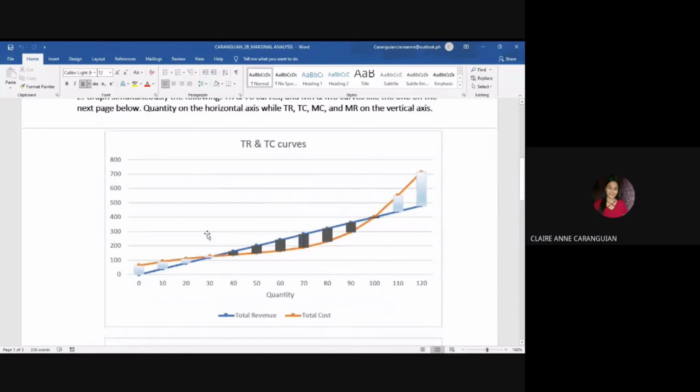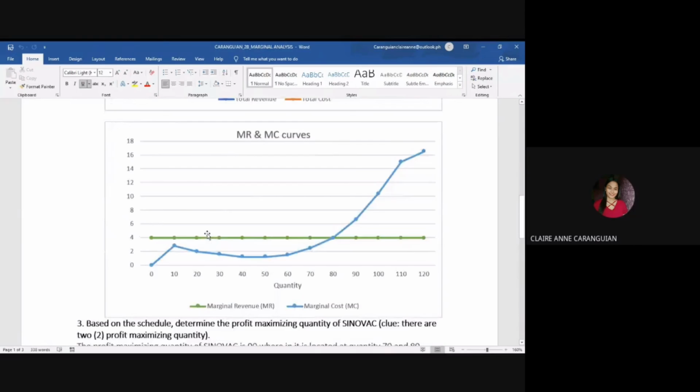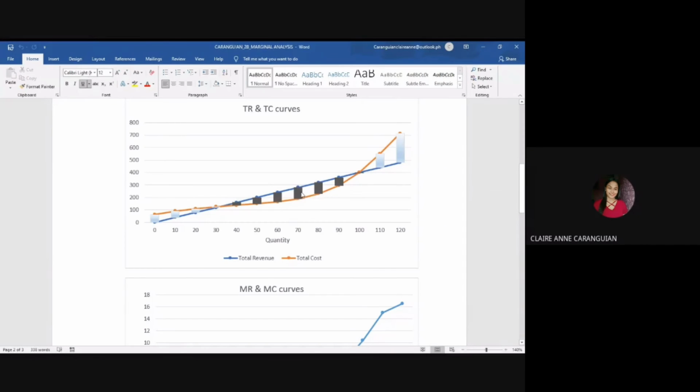So, additional lang dito sa TR and TC, na-discuss ko na kanina na ito ngang mga gap na 'to is nagsa-sign siya as they already attain the higher gap, the higher maximum profit. So, ibig sabihin 70 or 80 quantity.